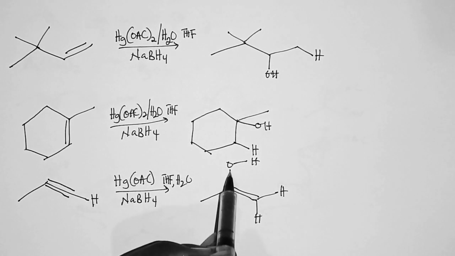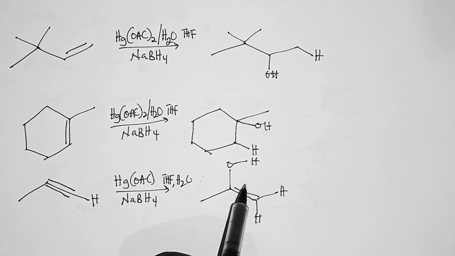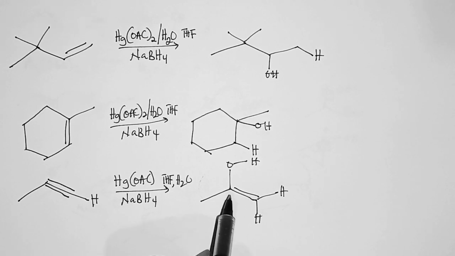However, anytime you have an alkenol, and this is an alkenol, there is a possibility of tautomerization. So this alkenol will tautomerize to give us the final product.